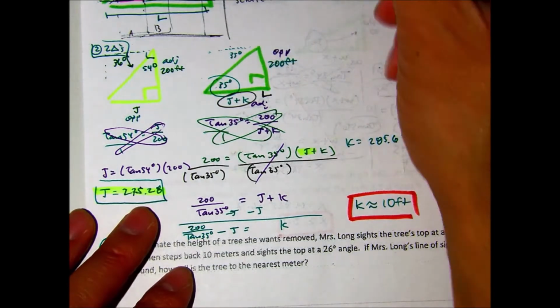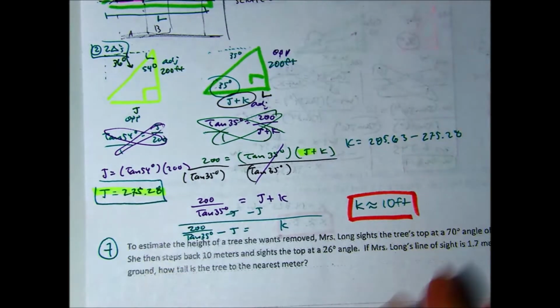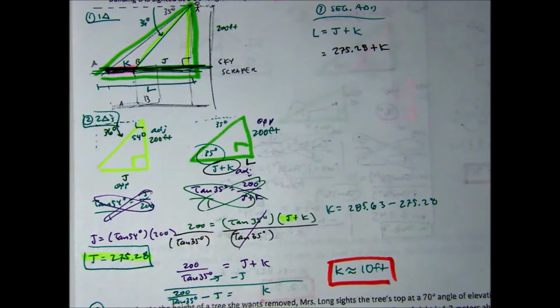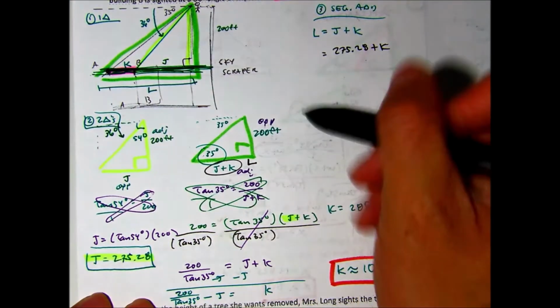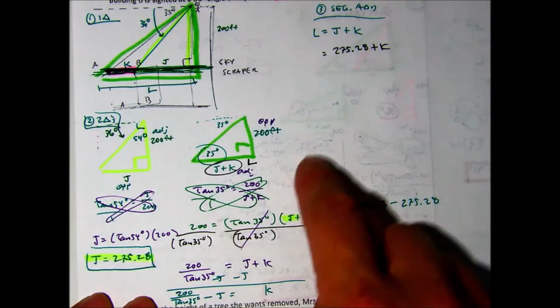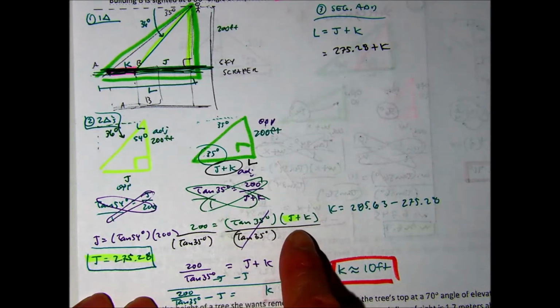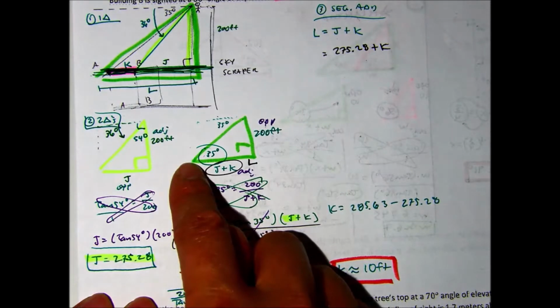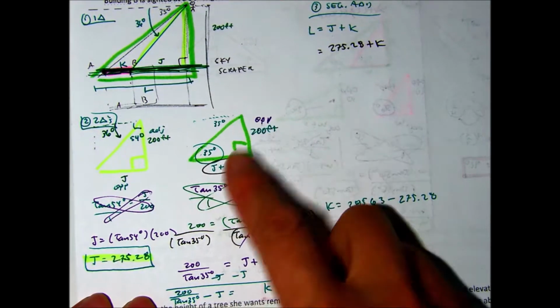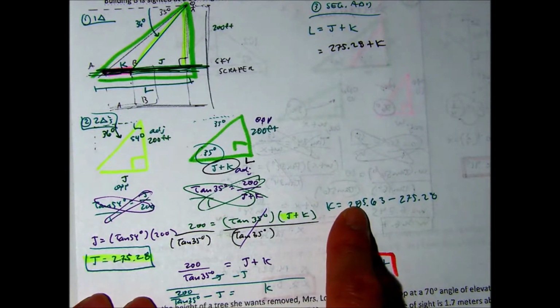You would have gone 275.28 plus K equals L, and L would have been the tangent of J plus K. That would have just been equal to 285, right?